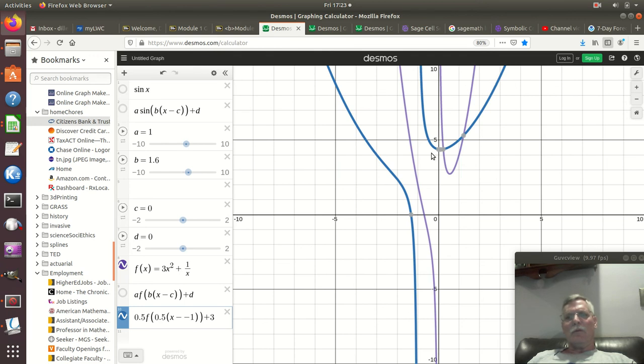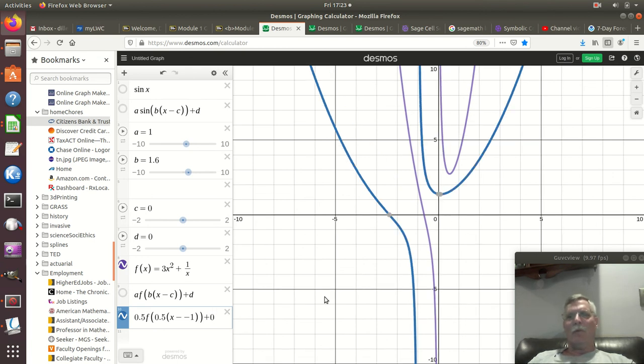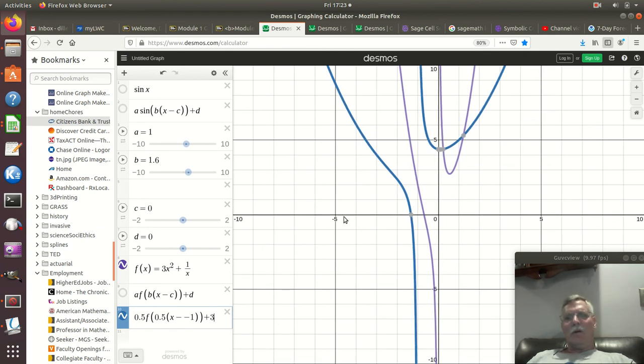What I wanted to do was make it half as tall. Well, it looks taller. Remember, I added 3, so get rid of that for a moment. I made it half as tall. Now I'll put that 3 back in.